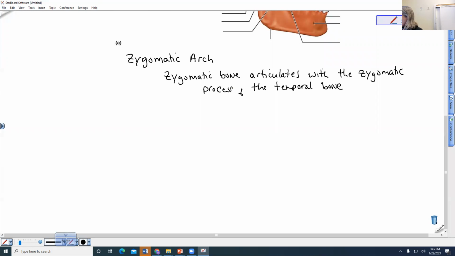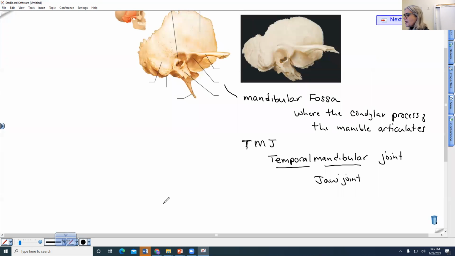Let's look at some of the other structures. This is called a styloid process right here. Because it looks like a pen, it is called the styloid process. And this connects via tendons and ligaments to, for example, your hyoid bone. So things connect up here. We have other places that we have styloid processes.